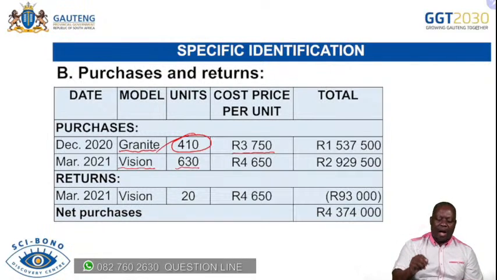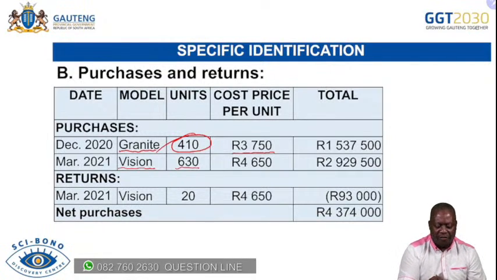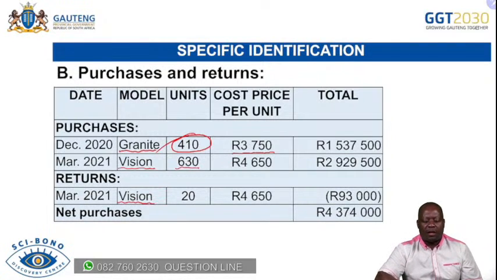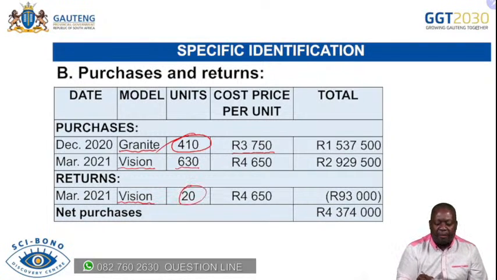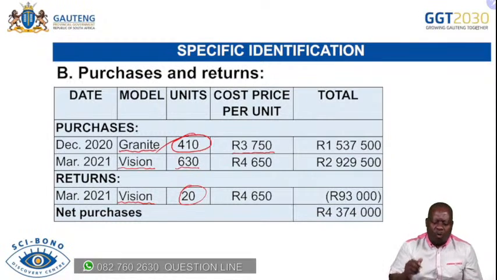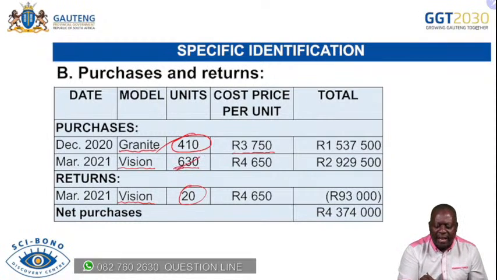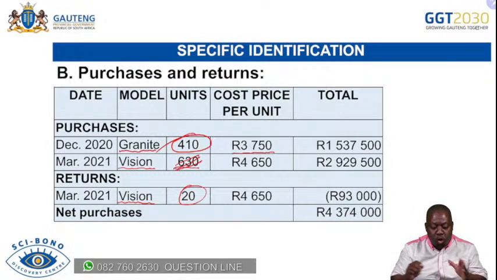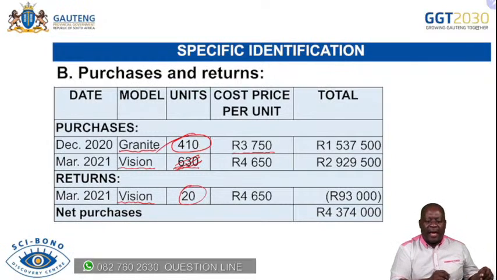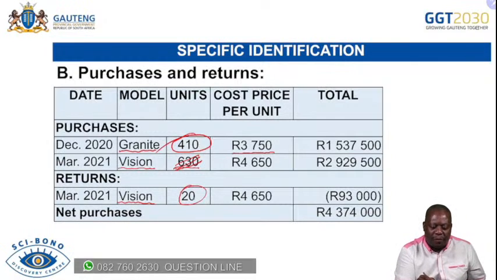Okay, now what additional information do we have? It is talking about returns. They are saying here we returned some Vision model. We returned 20 of them. Now, please take note. What does that mean? Are we still having this 630? No. Why? Because 20 are going back to the supplier. And why are we taking this 20 from these?